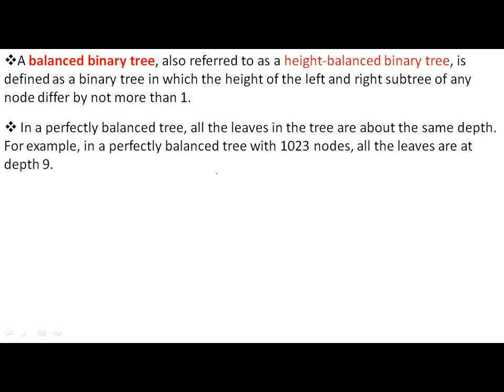Now I have a tree like this. Is this tree height balanced? At the root node, this is the left subtree and this is the right subtree.